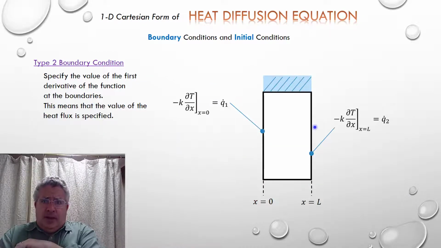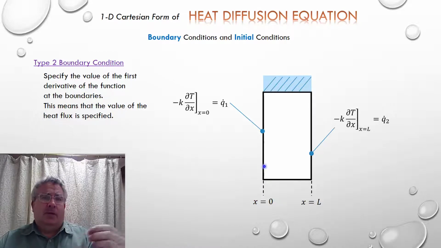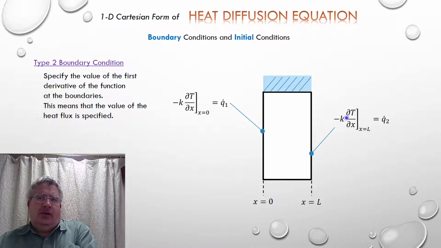Now, the second type of boundary condition is, instead of specifying the actual temperature of these surfaces, I can specify the heat flux on these surfaces. And the heat flux is given by Fourier's law. Notice that I'm leaving the A out explicitly. I could put A in, but we're doing this as a more general problem.